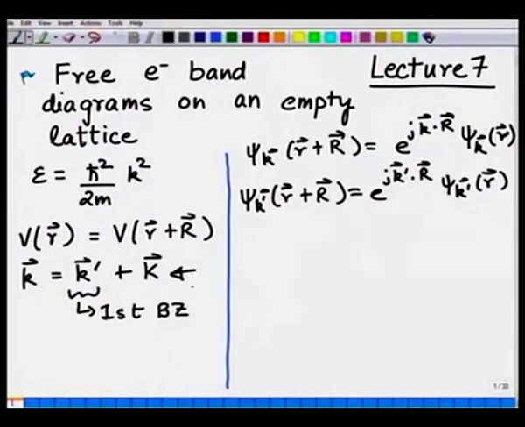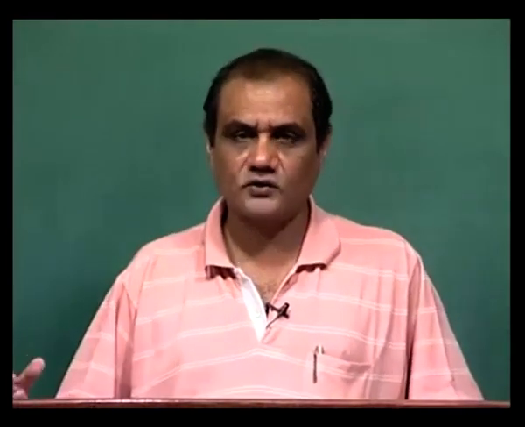Since it does not matter to us what the actual K is, I can always find a K prime whose limits are only within the first Brillouin zone, and hence I do not need to plot the EK diagram all the way to infinity. I can plot it only up to K prime, and when I plot it, I mark out what capital K I have used to do this transformation.